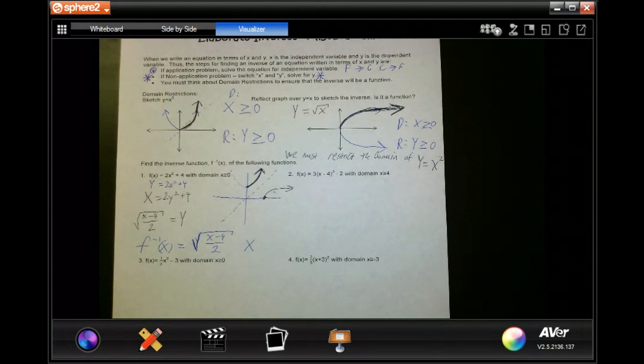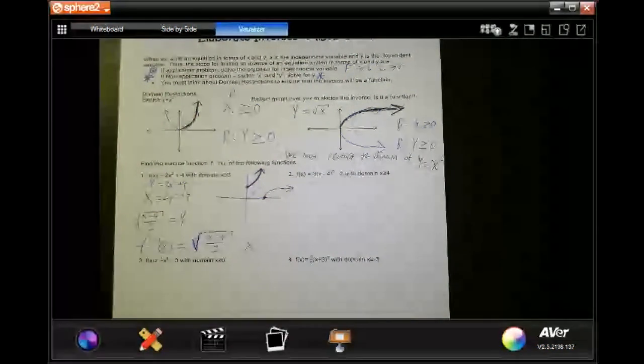All right, Rhea is asking the class, what do you think of her conjecture that x is greater than or equal to 4? What do you guys think of that? Anybody else?